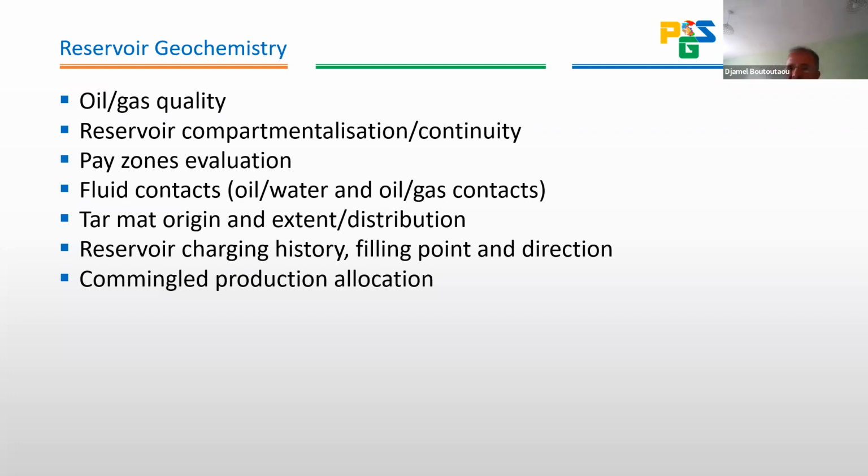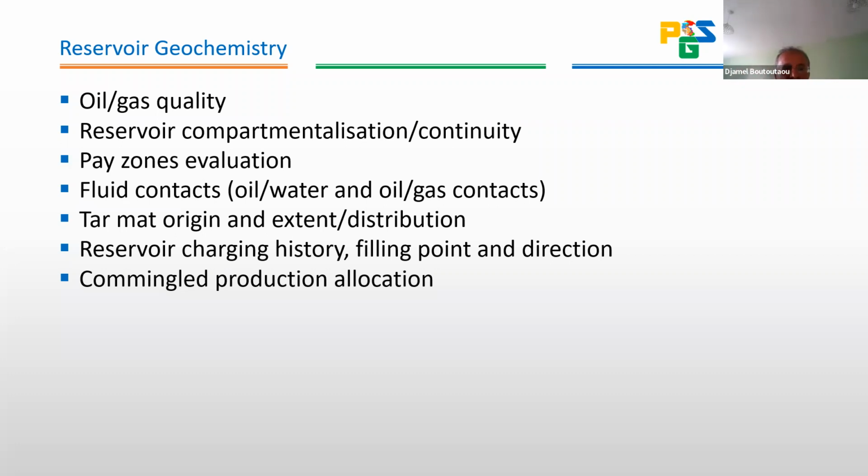That can help both production and exploration at the same time. By understanding how the reservoir was charged and determining the filling points and directions, we can guide the explorationists in their operations.